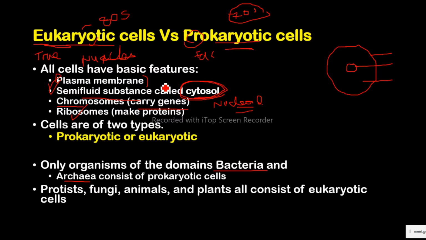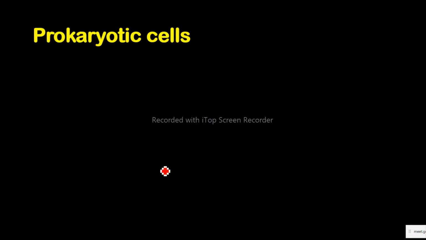And what is lacking among the two cells? Then protists are unicellular eukaryotic cells, made up of one cell. Then fungi, animals, and plants all consist of eukaryotic cells, cells with a true nucleus.